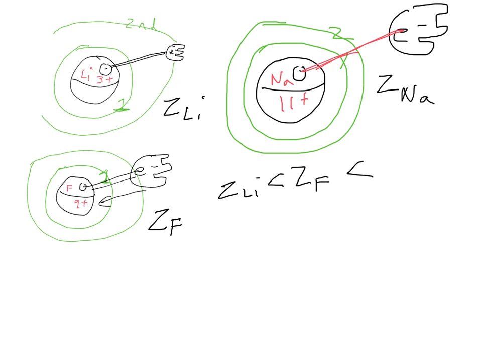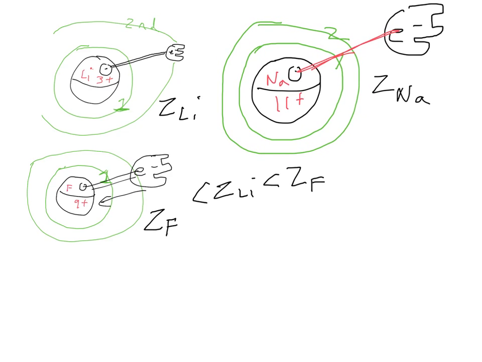The effective pull of the sodium nucleus is less than the effective charge of the lithium nucleus because it has two core layers of electrons. So those core layers of electrons are making a huge difference.